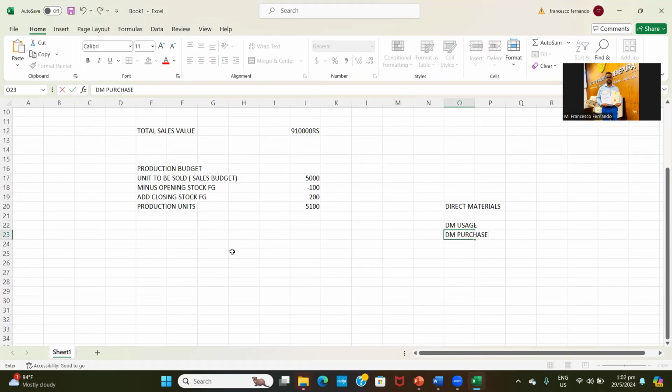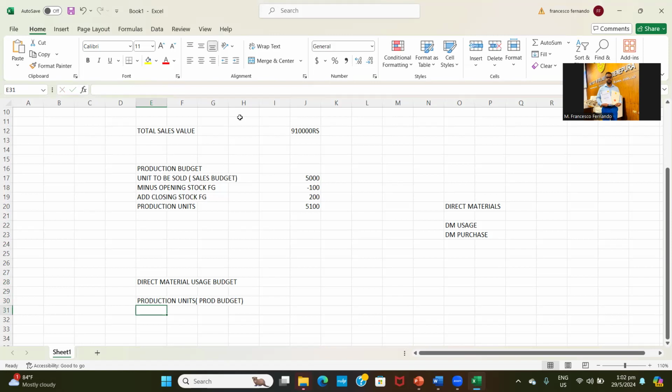So if you take the first one, direct material usage budget, how to find that? To calculate that, what you must do is take the production units. From where to take this? From the production budget.